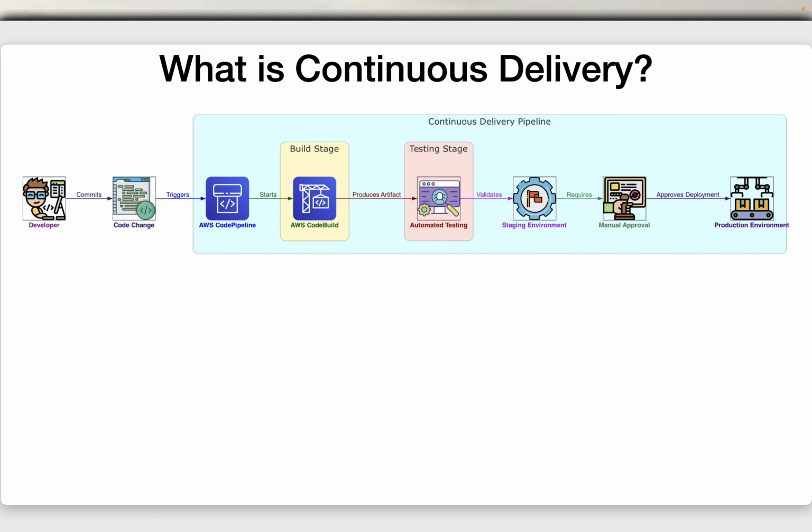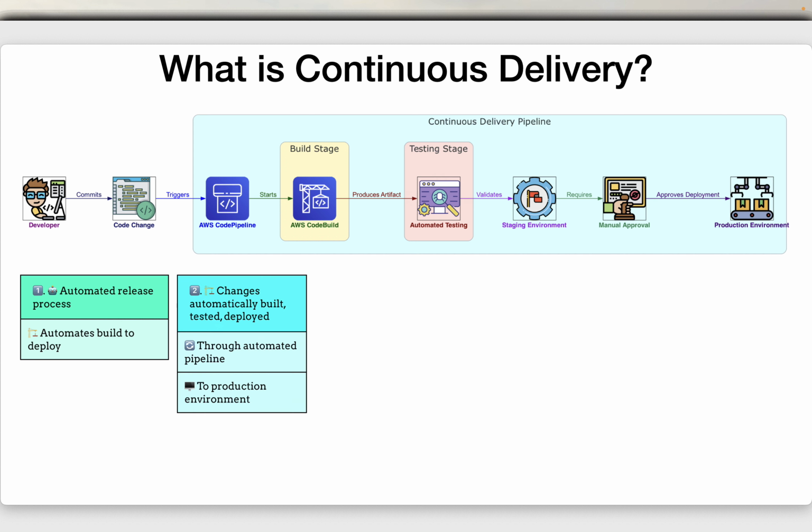So what is continuous delivery? Continuous delivery is a software development methodology that automates the entire release process from building to deploying the software to production. Every software change goes through an automated pipeline where it is built, tested and deployed to the production environment. Before the final push to production, the decision to release can be made by a person, an automated test or a predefined business rule.